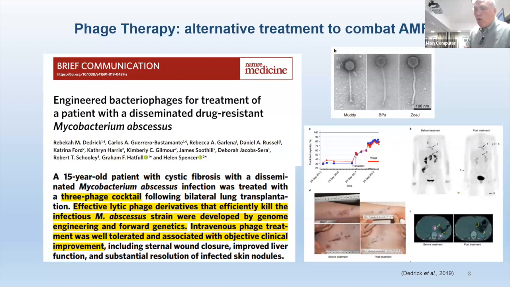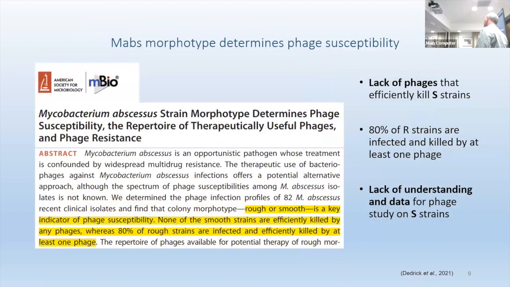In fact, absolutely all of the studies where phages have been used to treat Mycobacterium abscessus infection target the rough form and not the smooth form. If I recall correctly, they have about 20 or 30,000 different mycobacteriophages. It's an enormous collection, but they have just a handful of phages that actually target the smooth morphotype. It's very difficult to find a phage that targets the smooth morphotype, which is puzzling.